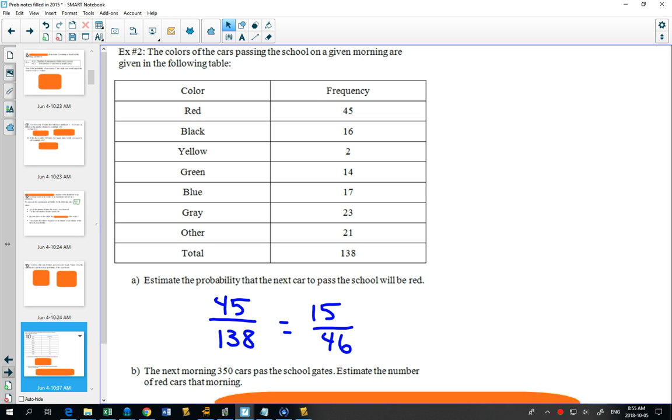So there's a 1 in 3 chance, according to his experiment, that the next car will be red. So he would base his, and this is another thing that bets are based on, they look at, okay, if this is the theoretical or experimental probability, what amount of money should people pay and be expected to win so that in the end, the person who's making all the bets makes money?